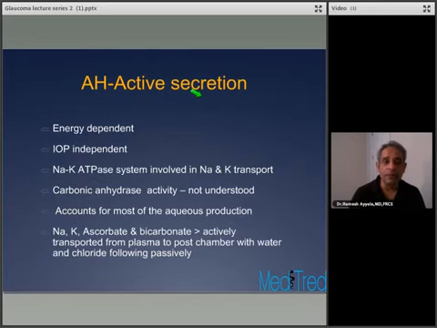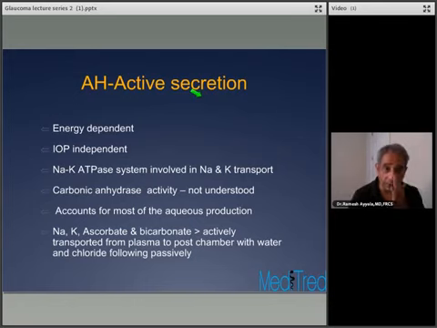Let's go through how aqueous humor is formed and secreted. So there are three modes of secretion, like I mentioned before. One is active secretion, two is ultrafiltration, and three is diffusion. Active secretion is an energy-dependent secretion. It is an intraocular pressure independent mechanism.